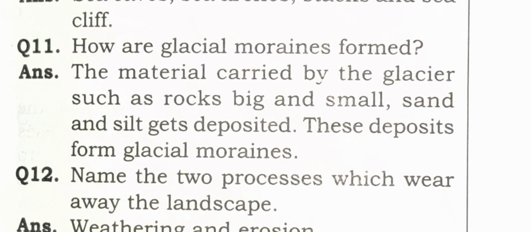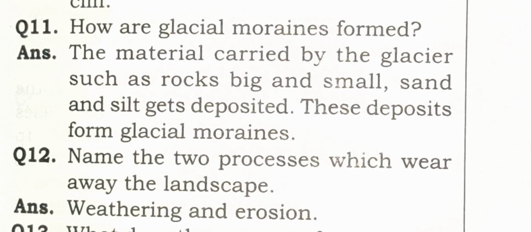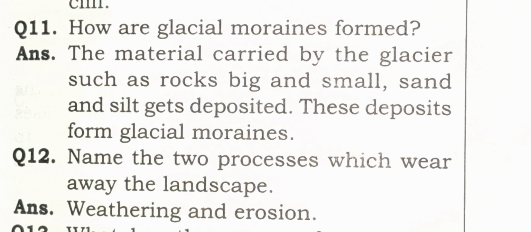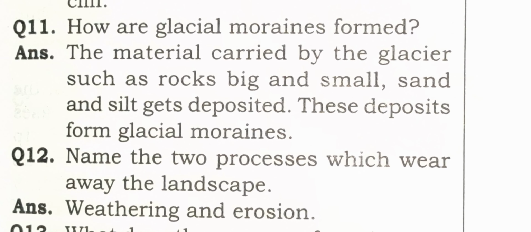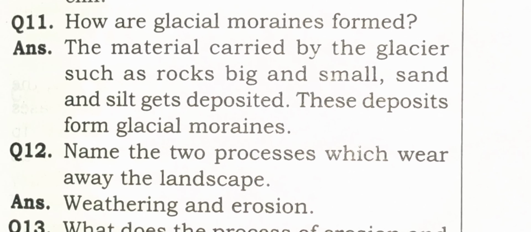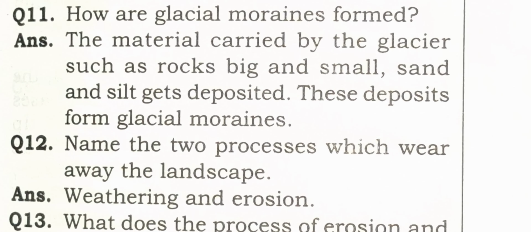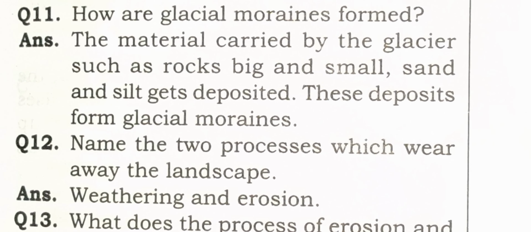11th, how are glacial moraines formed? The material carried by the glacier, such as rocks, big and small, sand and silt, gets deposited. These deposits form moraines.